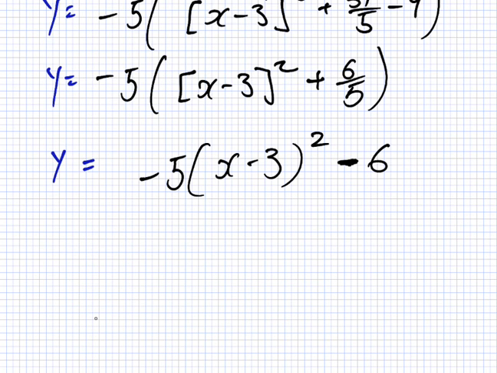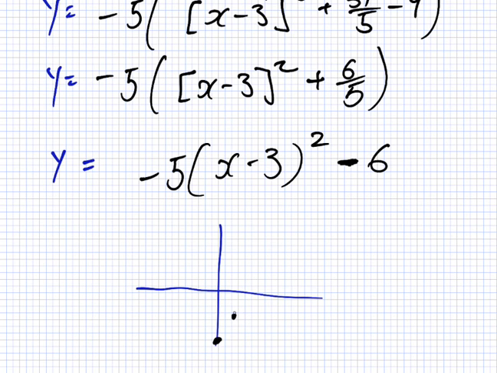Some people, well, I think most people actually know, if I make the graph of this, for example, if x is 0, what do I get for y? Well, that would be 0 minus 3, what's minus 3 squared? 9. 9 times minus 5? Minus 45, minus 6 is minus 51, so it'll be way down here, okay?